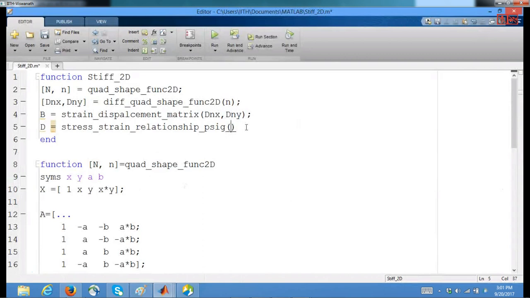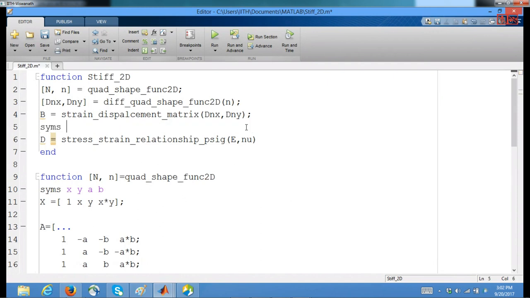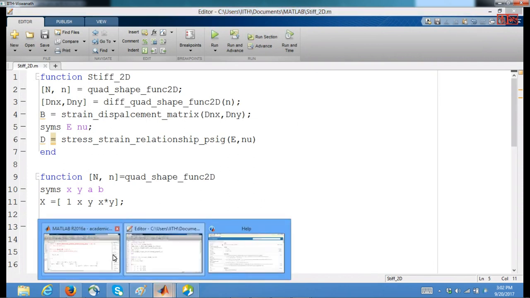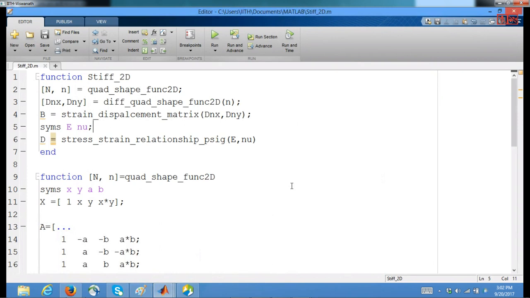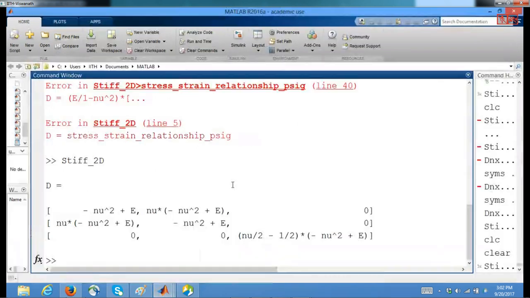So let us have our D matrix. The D matrix is this. It has just multiplied the prefactor into it.